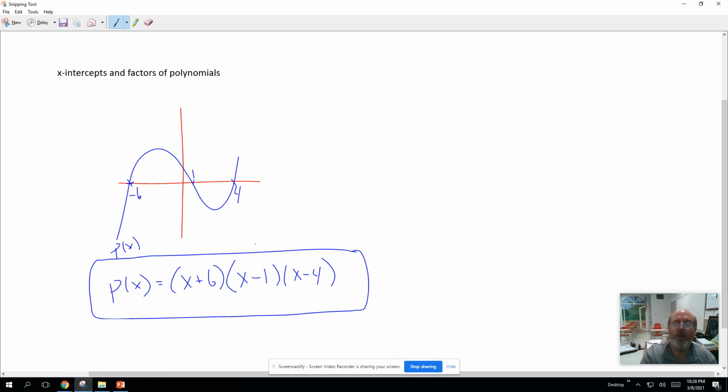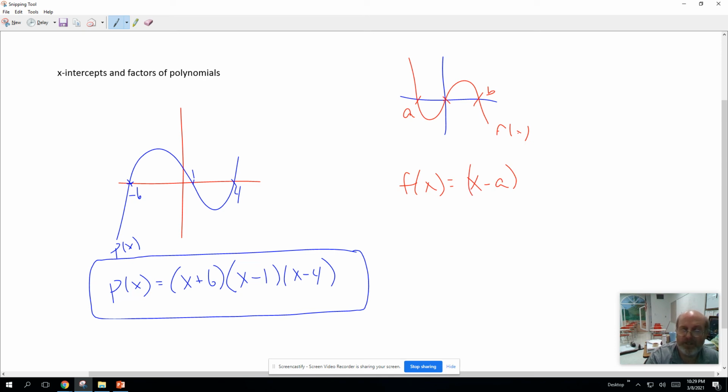If you have any polynomial function that intersects the x-axis at known places, this one intersects at 0, I'm going to call this one A, and I'm going to call this one B. If A is a factor of the polynomial, if this is a function f of x, then we can say that f of x equals x minus A, because A is an x-intercept, and then x minus 0, or that's just x, because 0 is an x-intercept.